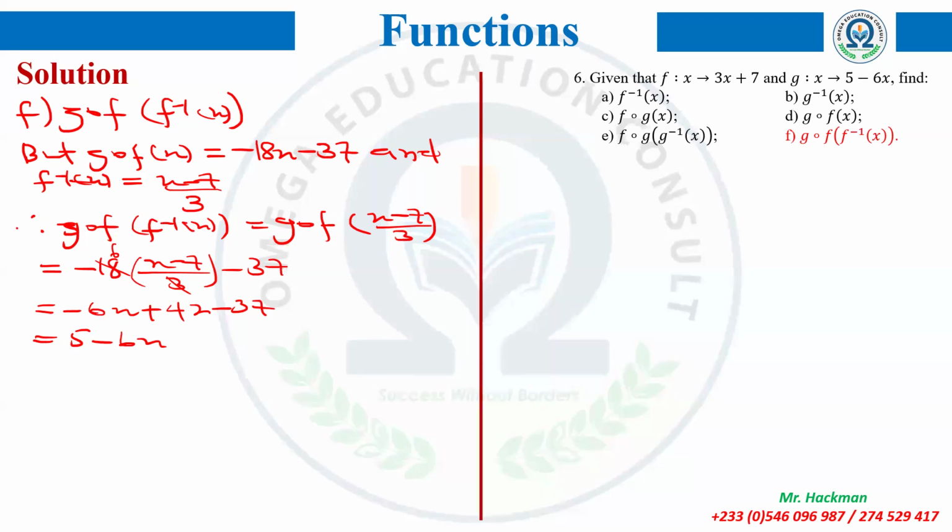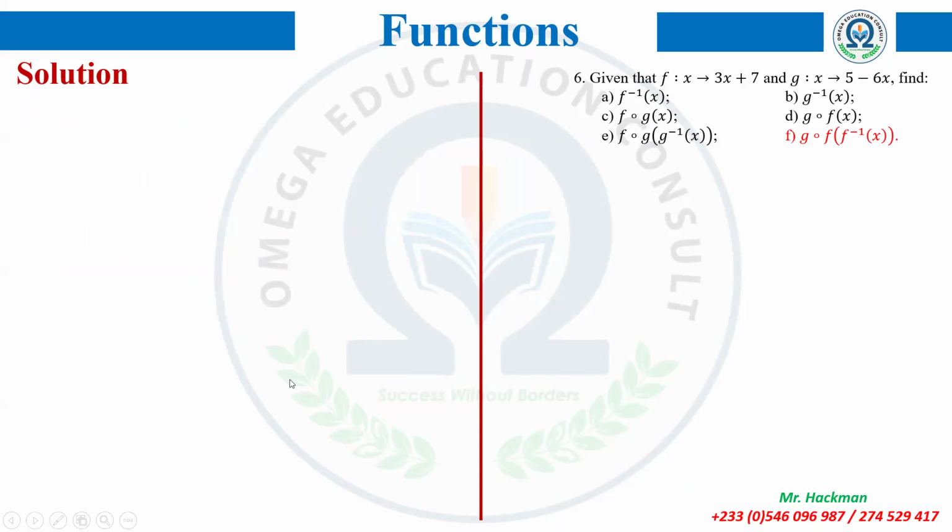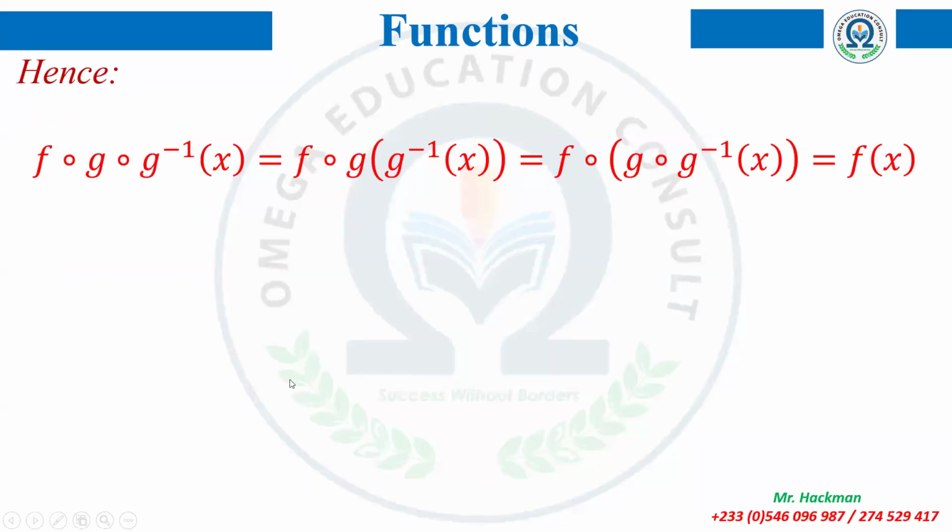Let me go forward and see whether I made known that fact. I wrote it. So take note of this, so far, all that we've done. We said f of g inverse of x will be equal to f of g, you feed it with g inverse. That is one interpretation.